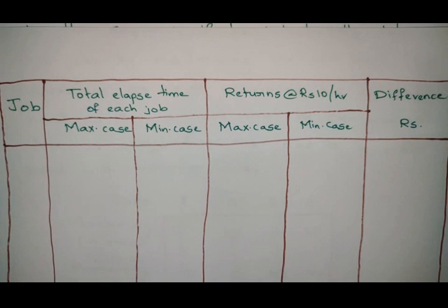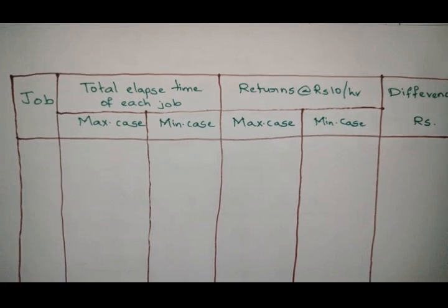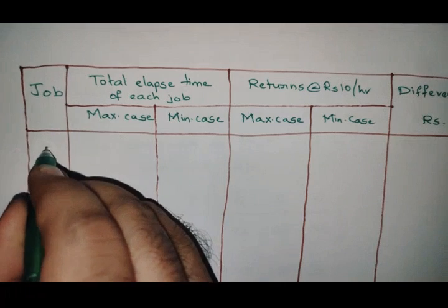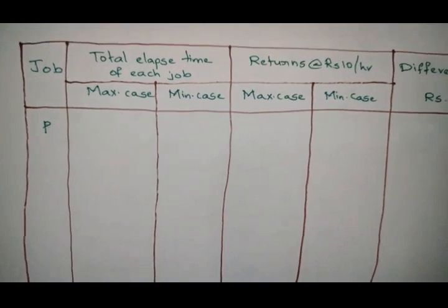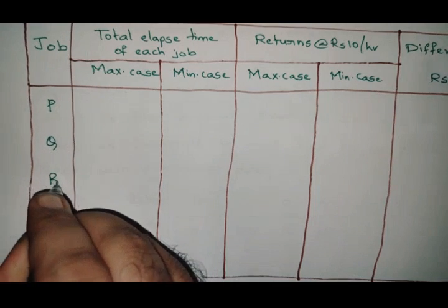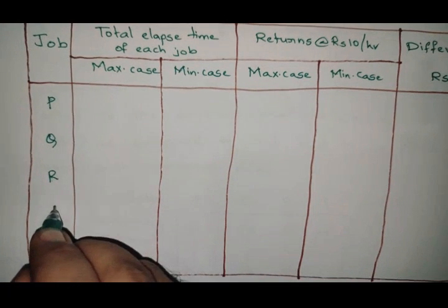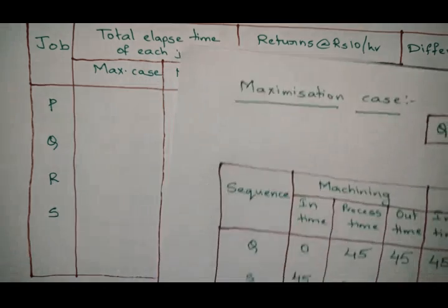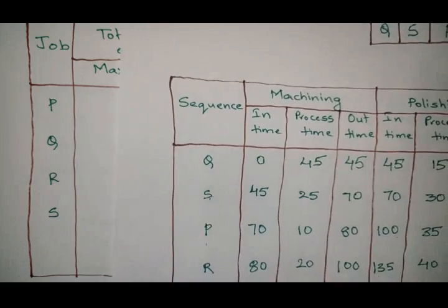First of all, how many jobs do we have? 4 jobs: P, Q, R and S. Now let us see the maximization case, total elapsed times.